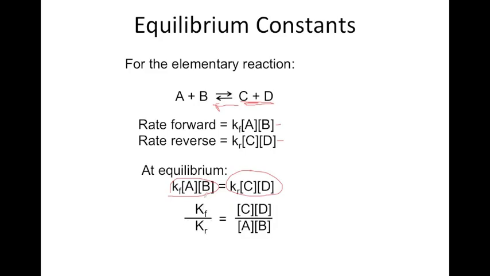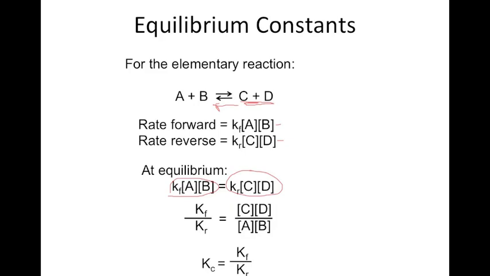The ratio of the rate constant for the forward and reverse reaction is what we call our equilibrium constant. So the equilibrium constant is really the rate constant for the forward reaction divided by the rate constant for the reverse reaction.